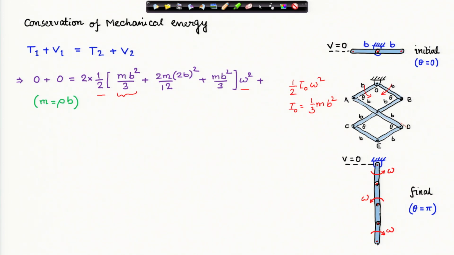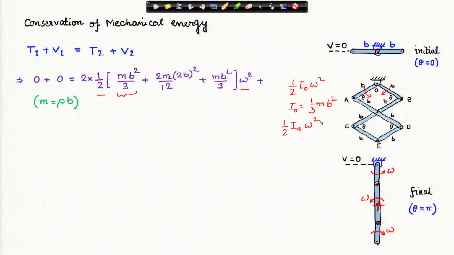Now, let us look at the bar AD or BC. They are identical bars. The kinetic energy of these bars in the final state, they are actually rotating about this point. This point has 0 velocity at this instant, because in the fully stretched condition, this hinge will come to rest, and therefore, these two bars are rotating about this fixed point. Therefore, I can write the kinetic energy of the bars AD or BC as half I_G times omega square.